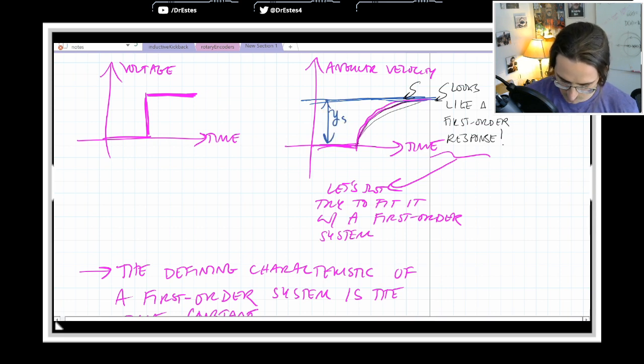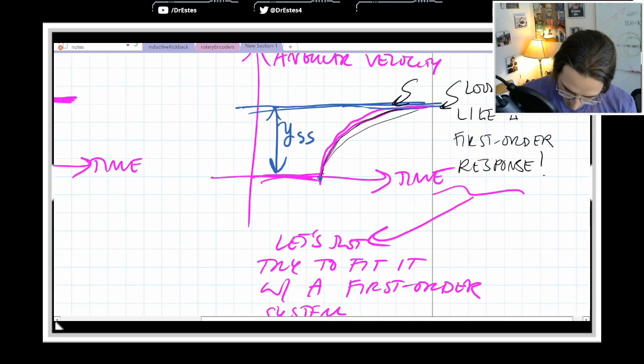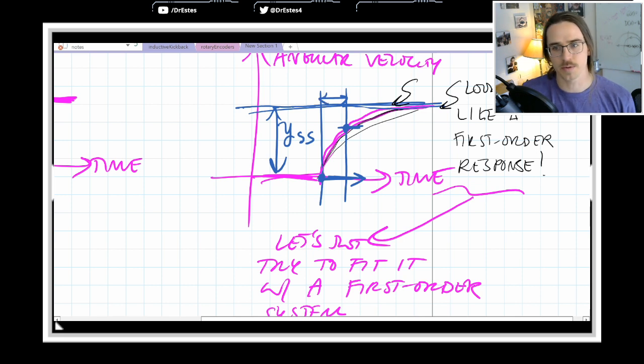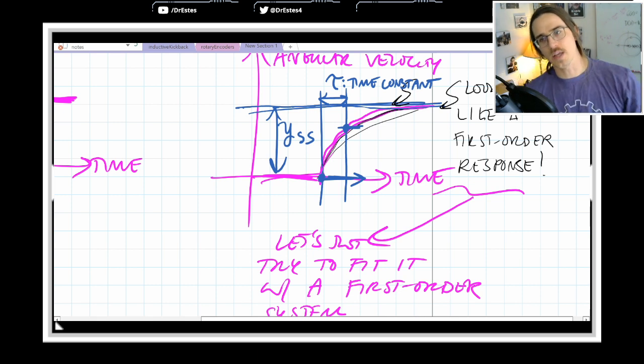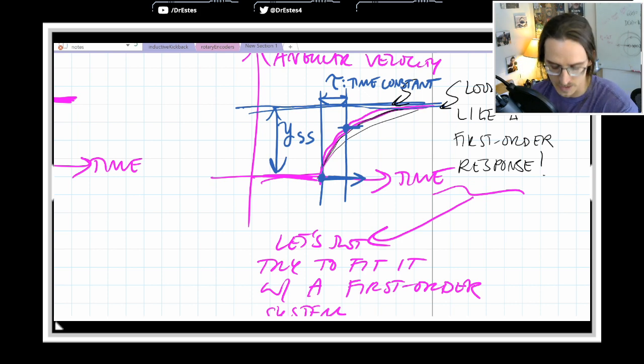So we'll say that amplitude is y steady state, and we started our response right here. And 63% of that is about here. The time it takes to go from 0 up to that 63% value, we call that tau, the time constant. If you know the time constant of a first order system, you're basically set.